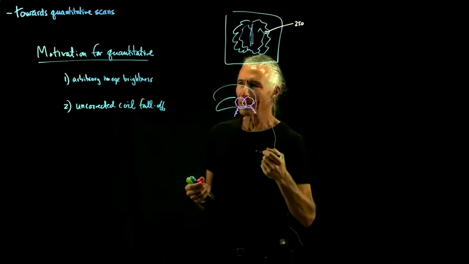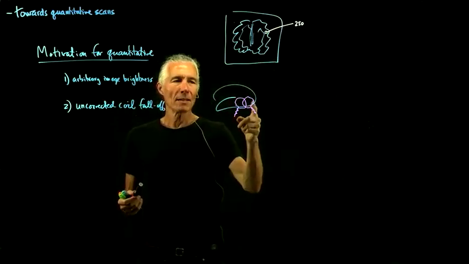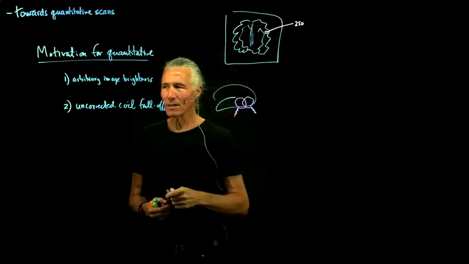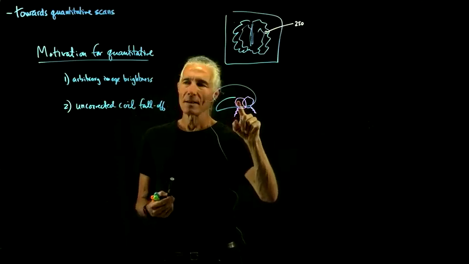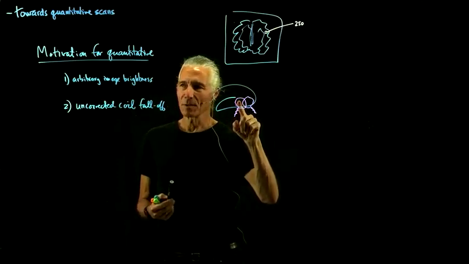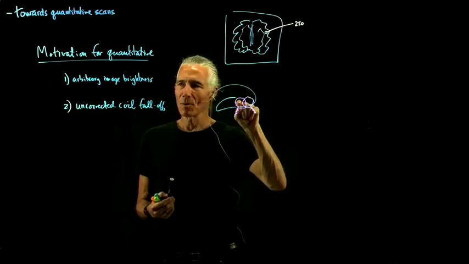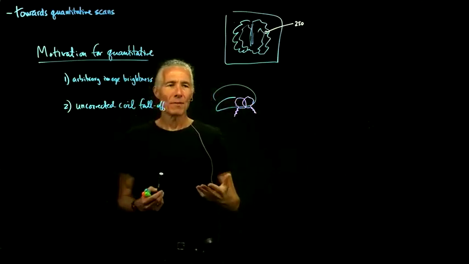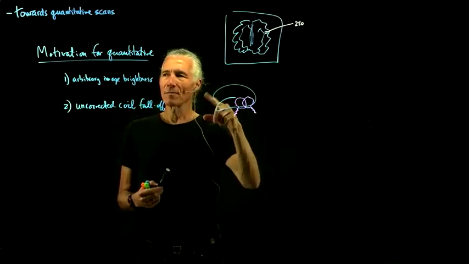One property I mentioned before is that they have better signal to noise. Why? It's precisely because they have more of a local field of view. By picking up signals more from where the coil is, they pick up less noise from other parts of the brain, and that's fundamentally why they have a better signal to noise.